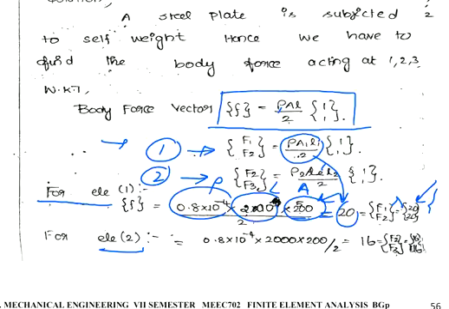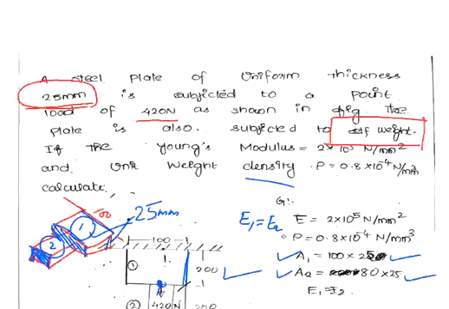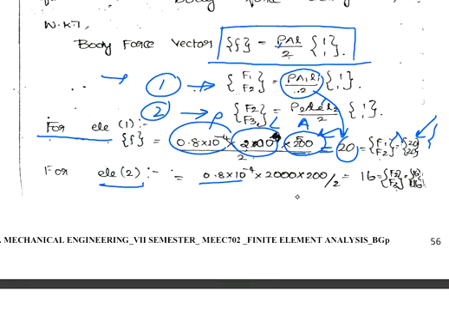There will be row A2 L2 by 2, 1 1. So row value again same, and area for element 2 is 25. So 80 into 25 you are getting 2000, and this is the length divided by 2, so you got 16. Similarly, you have to do 16 as F2 and this as F3.